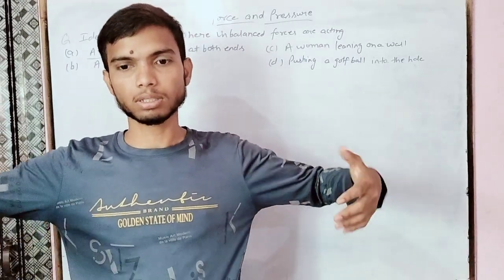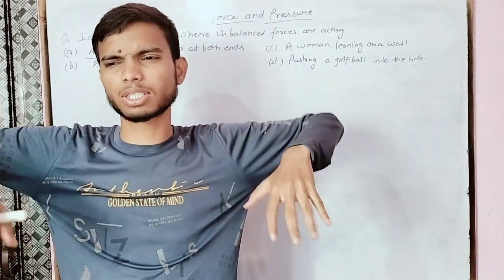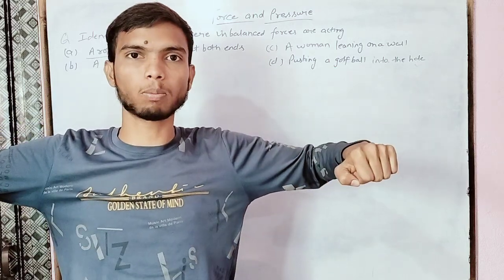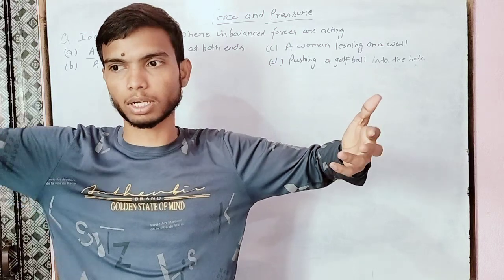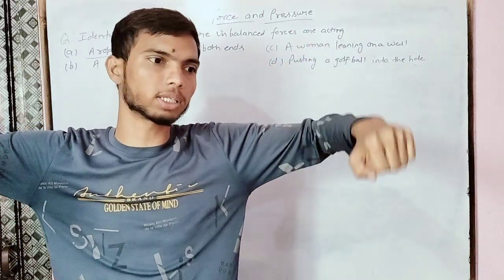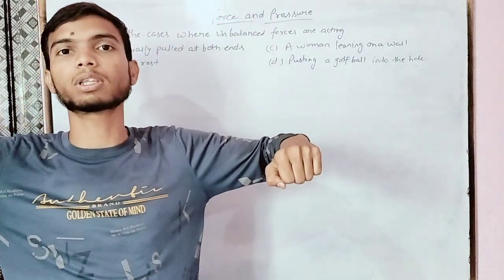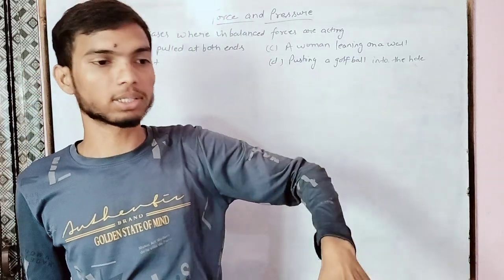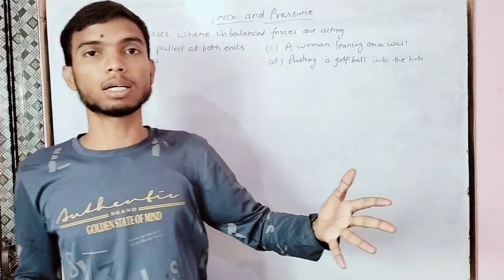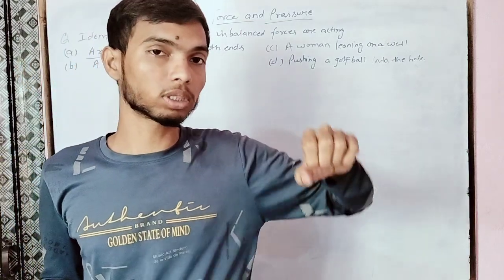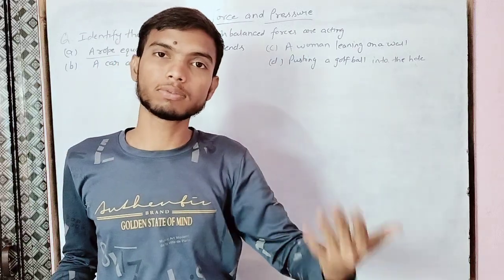These 6 persons are pulling a rope equally with equal newtons. Let's say this side is 15 newtons, and this side is also 15 newtons. These 3 persons are pulling this rope with 15 newtons, and the 3 persons on the other side are pulling the same rope with 15 newtons.